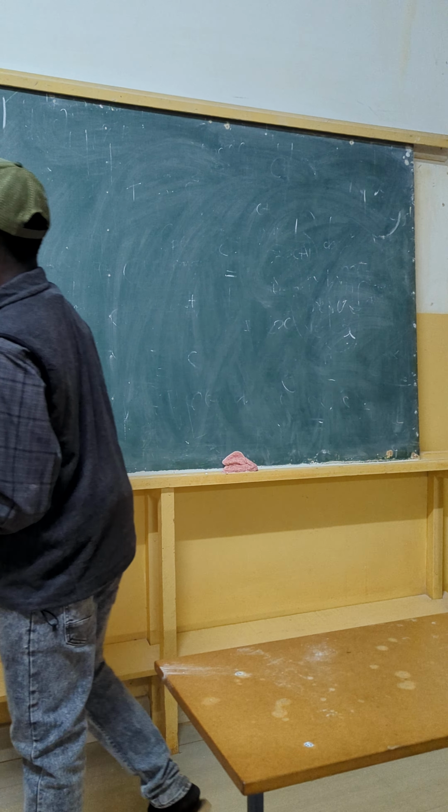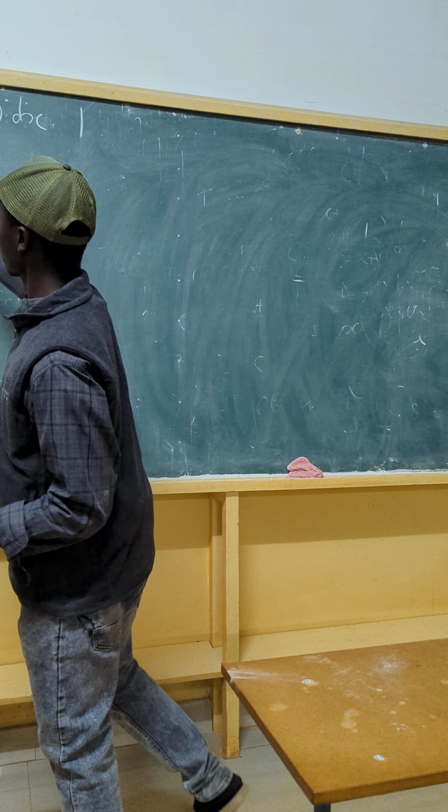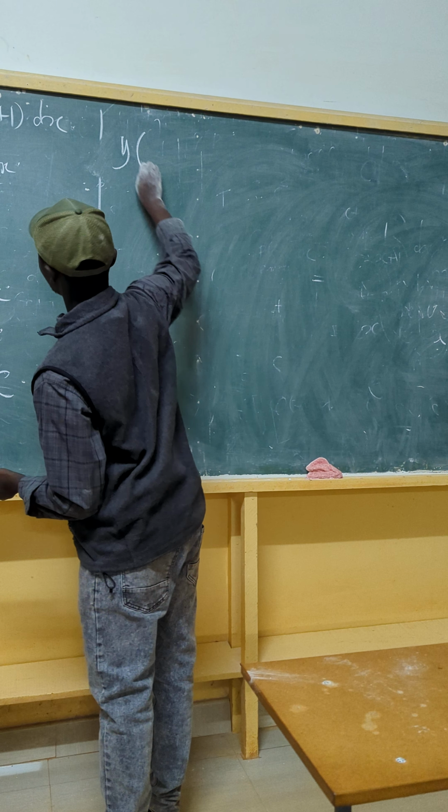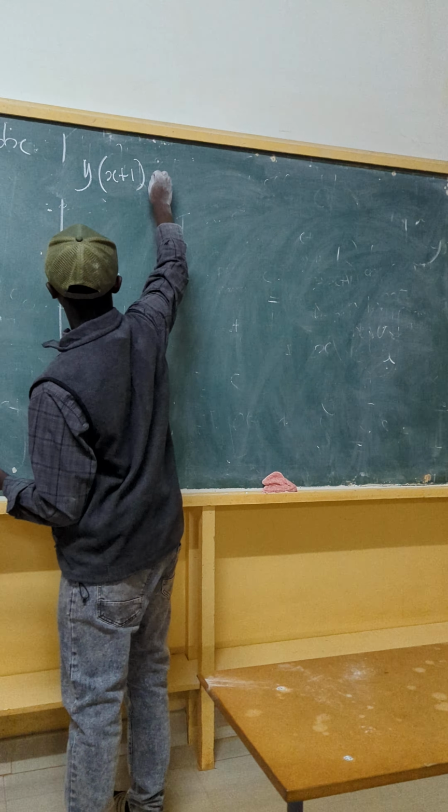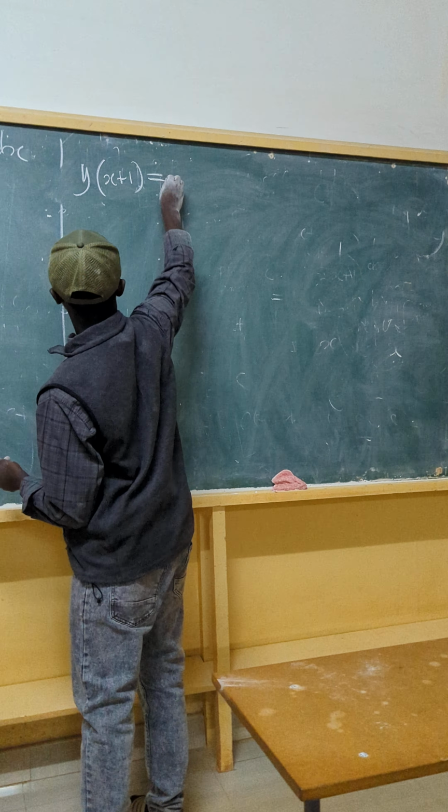So now, where there is u, we substitute x plus 1. So we have (x plus 1) to the power 3 over 3 plus c.